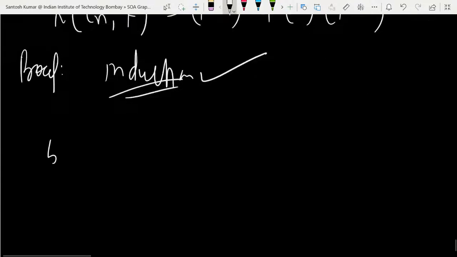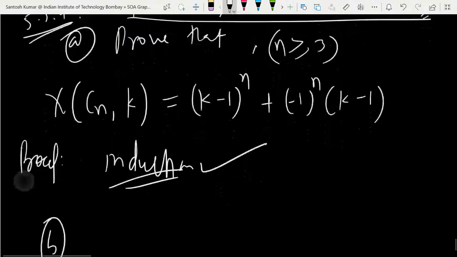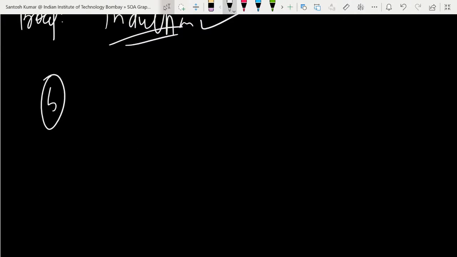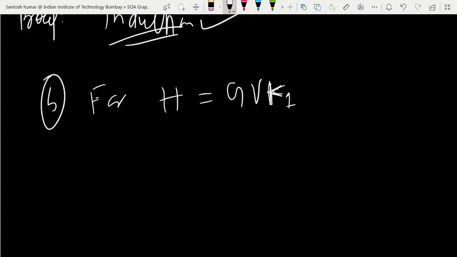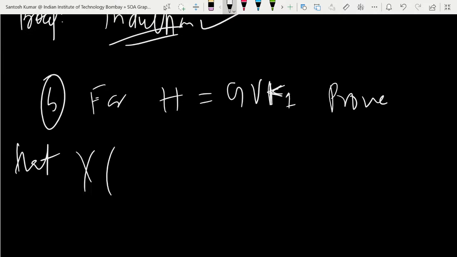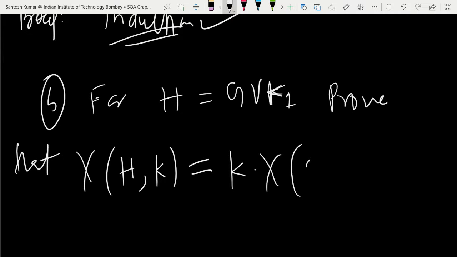Now part B we have to do. Part B of this problem 5.3.4 is: for H is a graph G join K1, where K1 is just one vertex, prove that the number of proper colorings of H using k colors is equal to k times the number of proper colorings of G using k minus 1 colors.